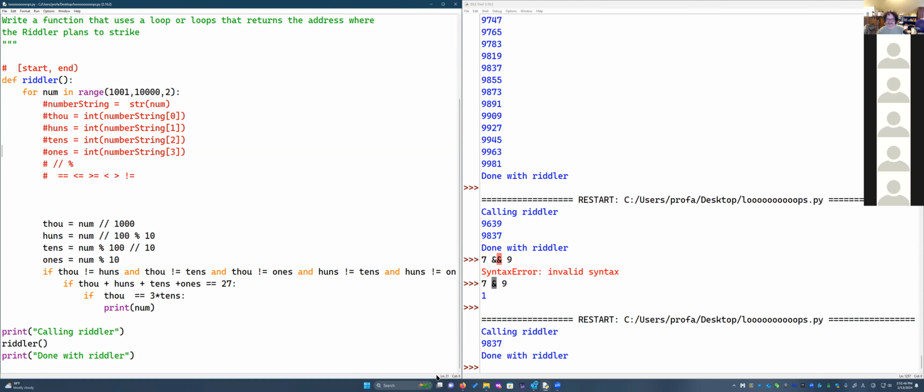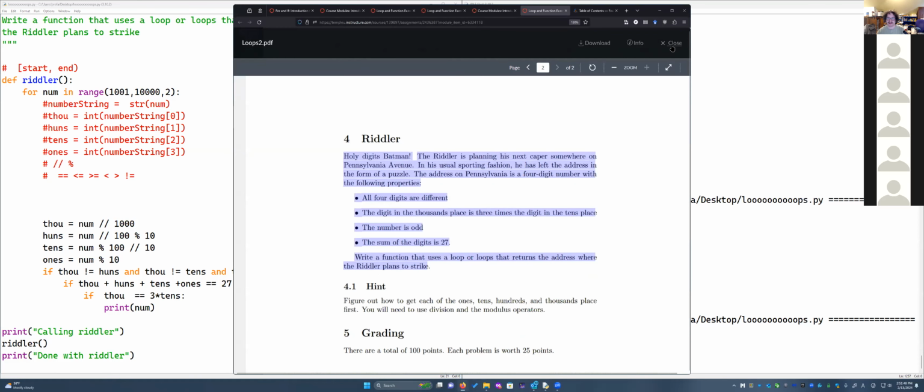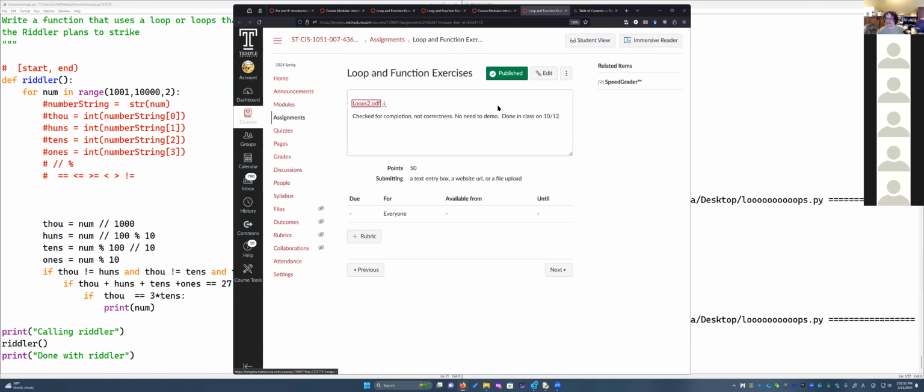There's a drop box here. That is not equal to Huns, and Huns is not equal to tens. No, because that wouldn't check all possibilities.